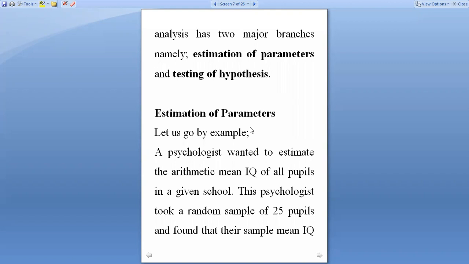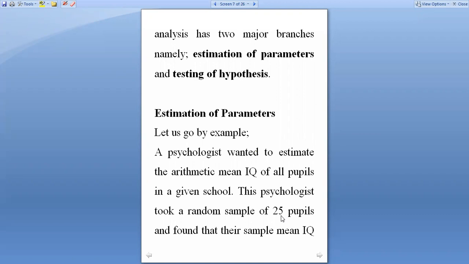Now, we went by example of a psychologist who wanted to estimate the mean IQ of all pupils in a given school. Because he did not have enough resources to collect data from the entire population, this psychologist took a random sample of 25 pupils. I told you to highlight the words random sample.